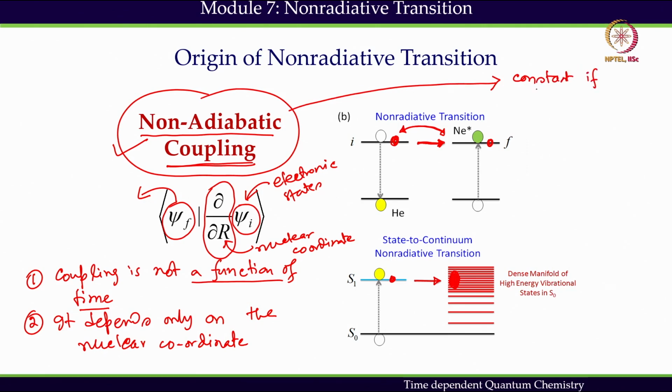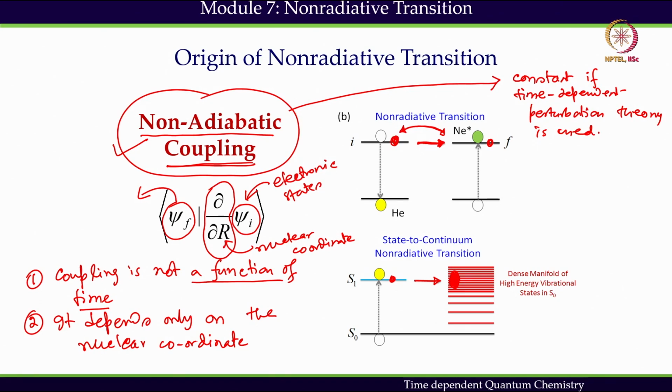if time dependent perturbation theory is used. So, in the time dependent perturbation theory, if we want to use this coupling which is now leading to this non-radiative transition, we will say that that is constant.